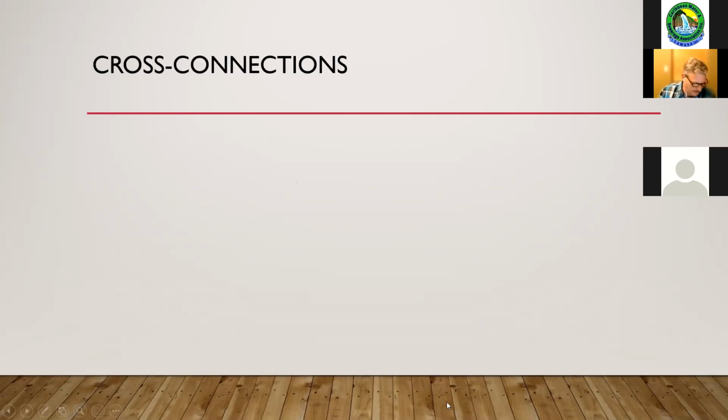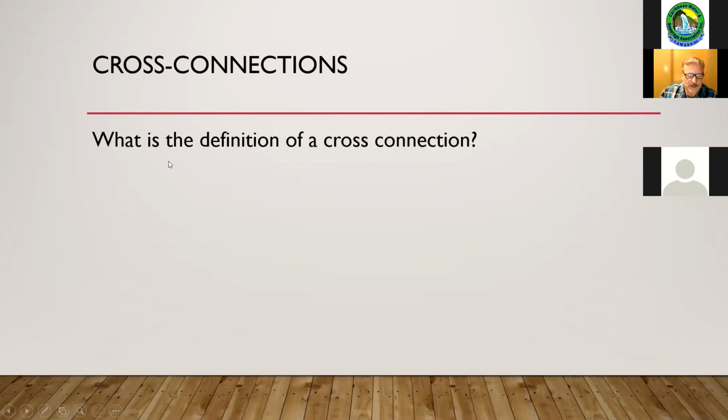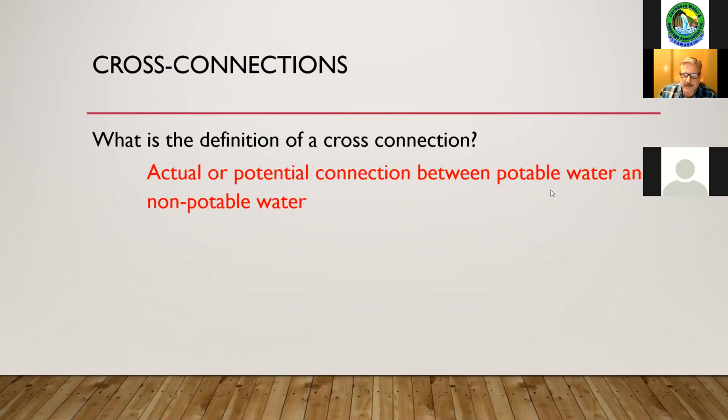Touch on just a couple questions on cross connections. What's the definition of a cross connection? And the answer I have here, when sewer meets the main water line. That's absolutely correct.